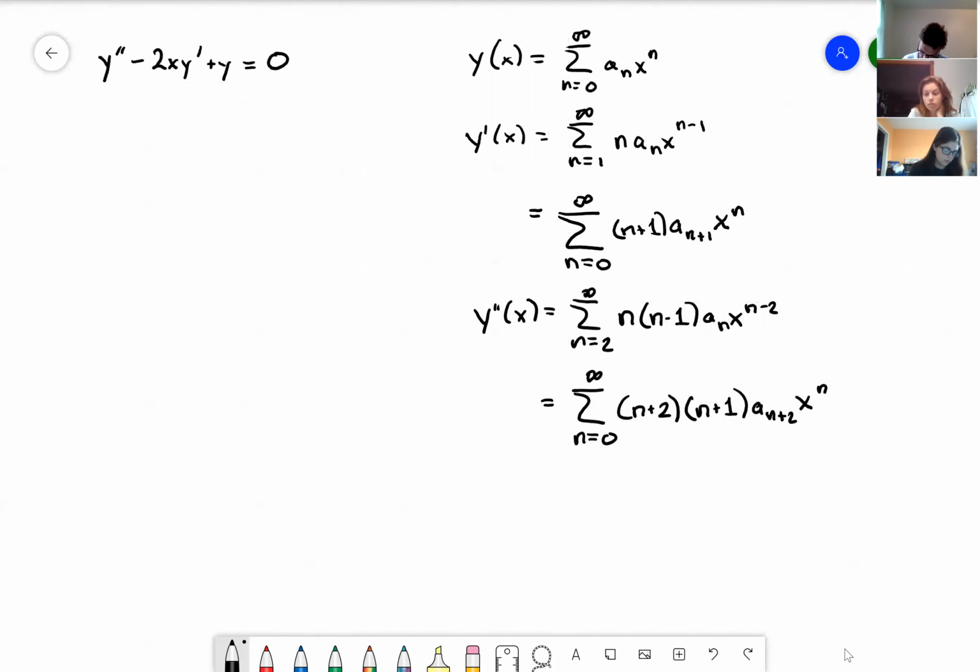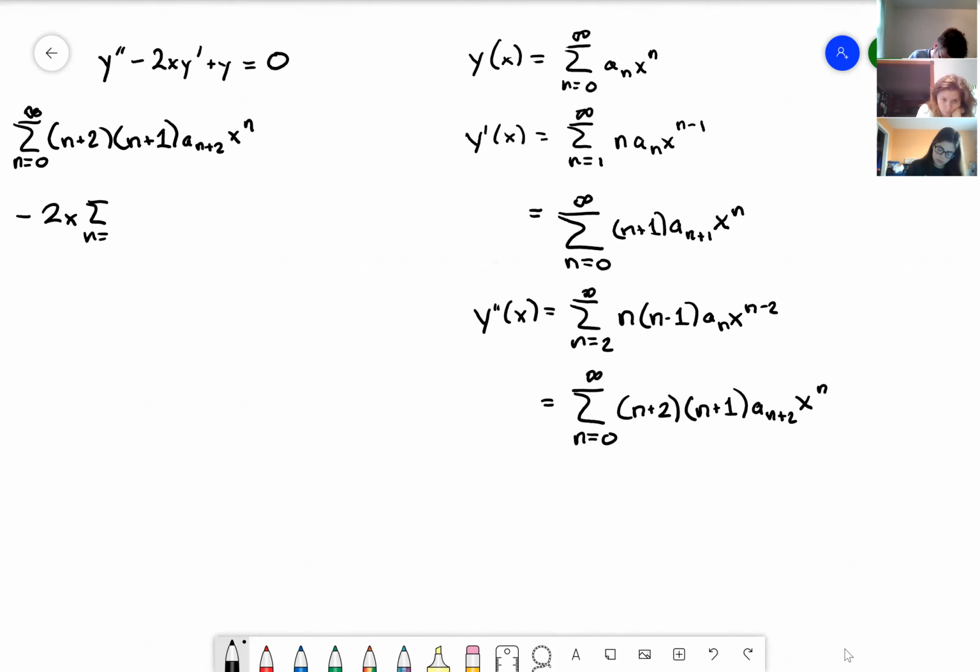And when we put these into our equation, what do we get? We get sum from n equals 0 to infinity, n plus 2, n plus 1, a n plus 2, x to the n, minus 2x times sum from n equals 0 to infinity, n plus 1, a n plus 1 x to the n, plus sum from n equals 0 to infinity, a n x to the n.